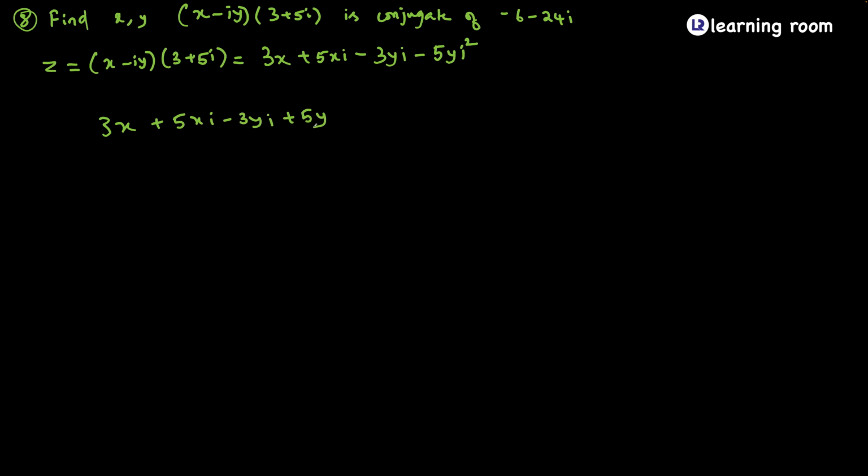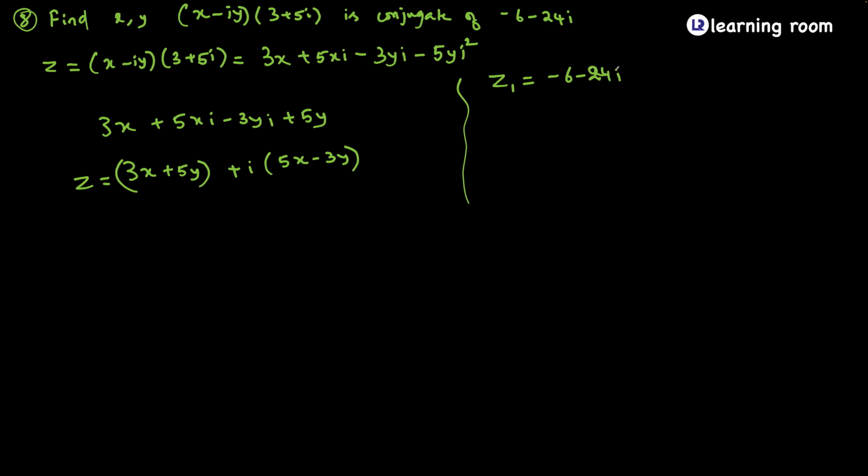I'll take all the real parts: 3x plus 5y plus i into 5x minus 3y. I'll call this z, and let z1 be minus 6 minus 24i.